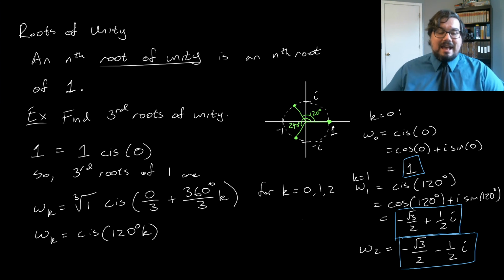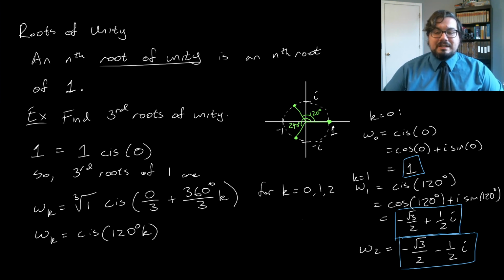Confirm that we actually have found the third roots of unity by taking each of these numbers and cubing it and multiplying it all out explicitly and algebraically, doing all the calculation and cancellation and figuring out that indeed the cube of any one of these numbers does in fact get you back to 1.